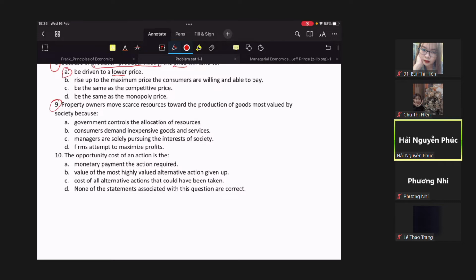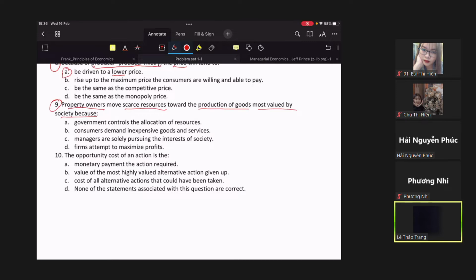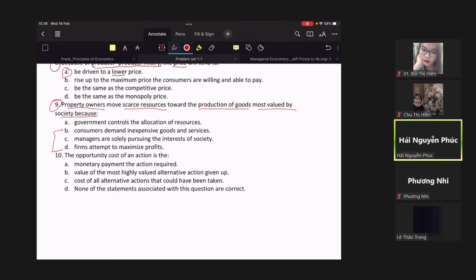Pay attention to the fact that they ask you property owners move scarce resources toward the production of goods most valued by society because... You can see that the options B and D are quite confusing, right?